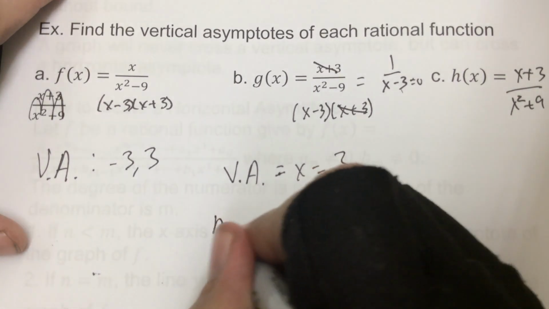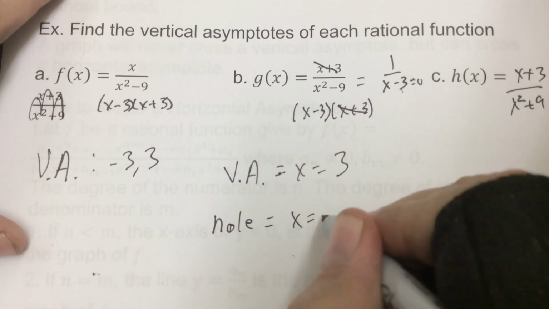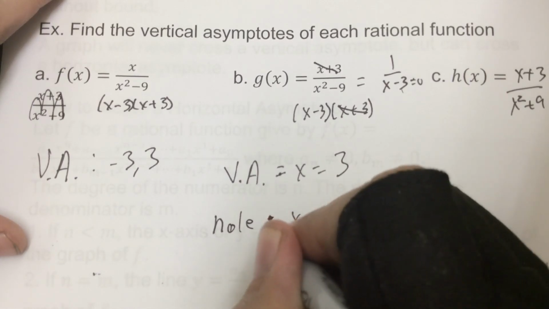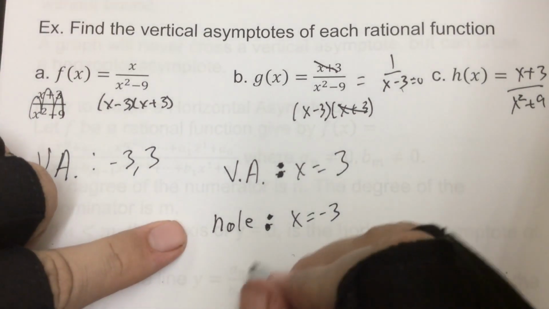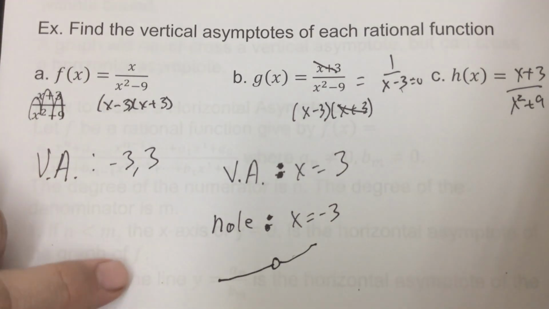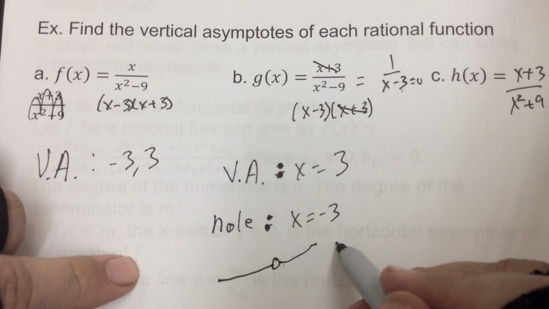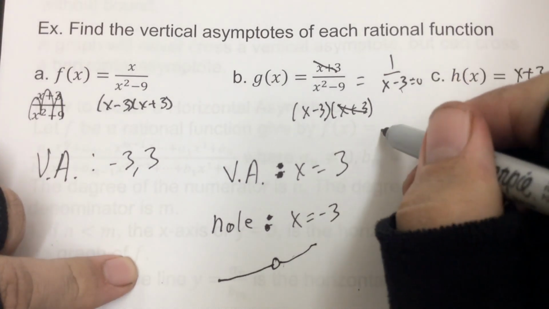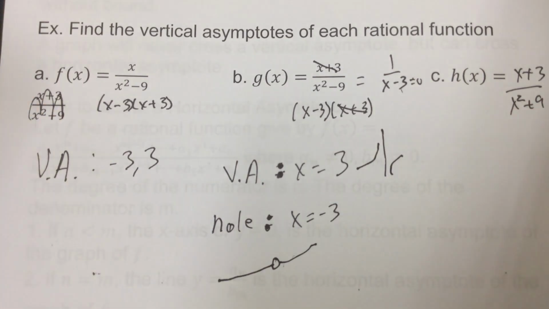Now, we would have a hole at x equals negative 3. So what that means is, because it cancels out, the graph would do something like this, where it's going along, all of a sudden, hey, there's a spot where it doesn't exist, and then it continues. Whereas with the vertical asymptote, we're going to be approaching it and either curving up, curving down, something.